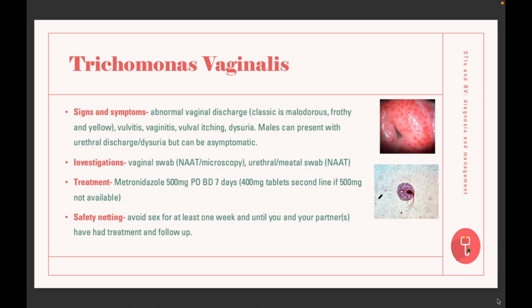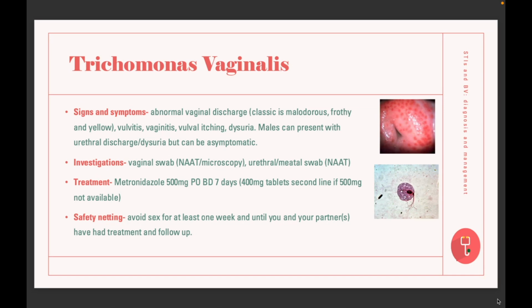You'll see that on microscopy, and similar to treponemes, they are alive, so they have these little flagella. If you have a little look, the little sort of strings sticking out of the bottom, those will wiggle and they will be moving around the slide. It's quite cool if you get to see them in person, because again, you'll only see them for a short while after the swab has been taken because they're living things.